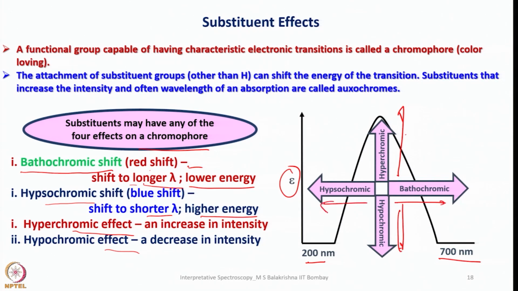The moment you see the shift from left to right, it has to be hypsochromic blue shift, and right to left means it is bathochromic red shift, and also if intensity is going high, it is called hyperchromic, and if intensity is dropping, it is called hypochromic. So these are the influence of substituents on chromophore, which is responsible for electronic transition.